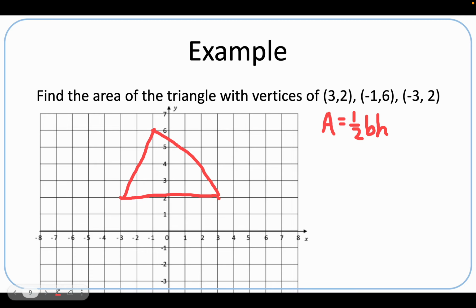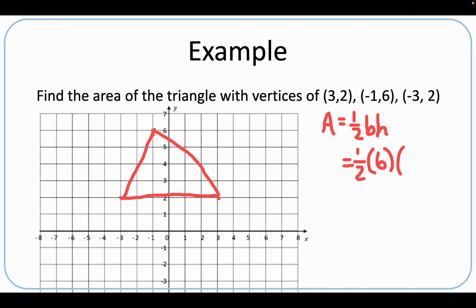So there's 1, 2, 3, 4, 5, 6. From -3 to +3 is 6. So I'm going to substitute this in. So 1/2 of 6, and then our height times.